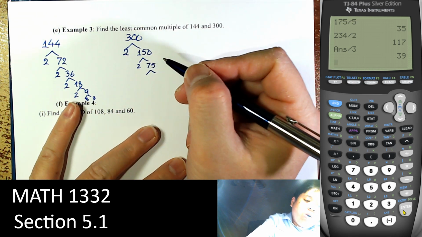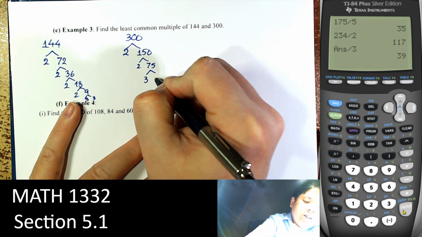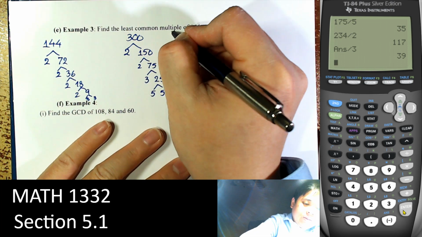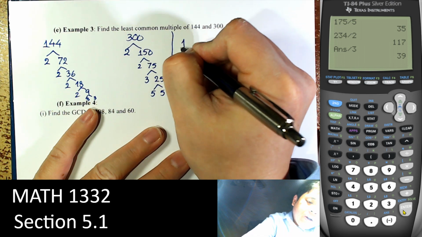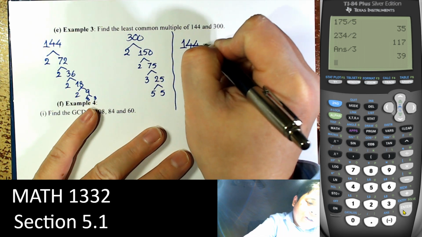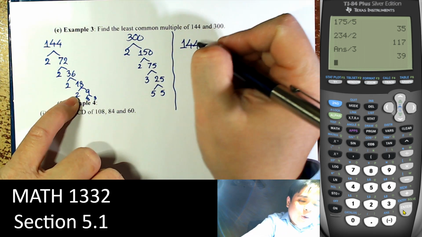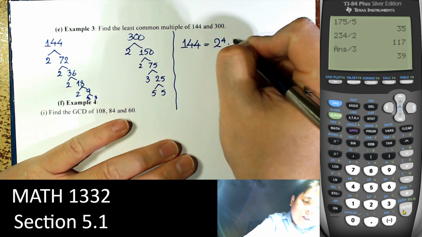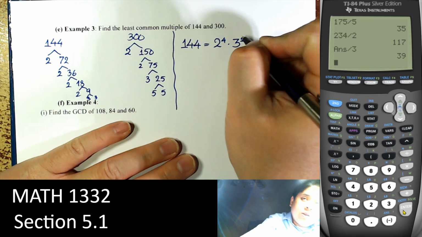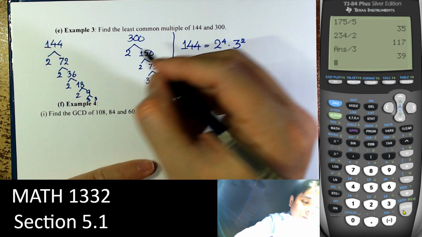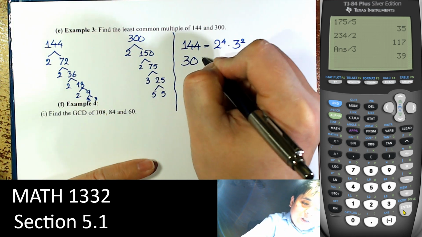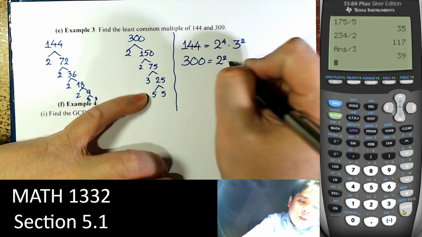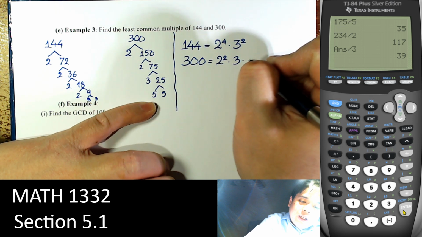Now 2 doesn't work anymore. 3, then 5 and 5. So 144 is 2 to the 4th and 3 squared. Then 300 is 2 squared, a 3, and a 5 squared.